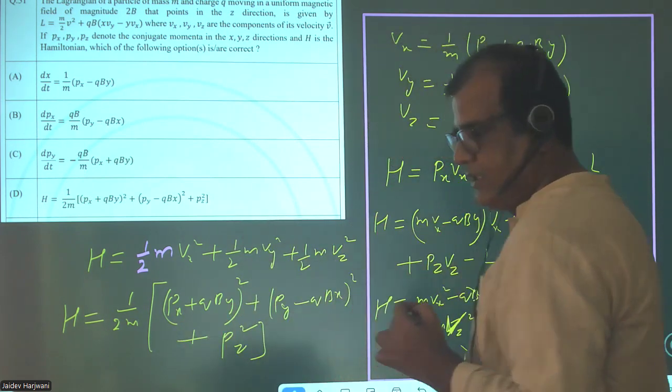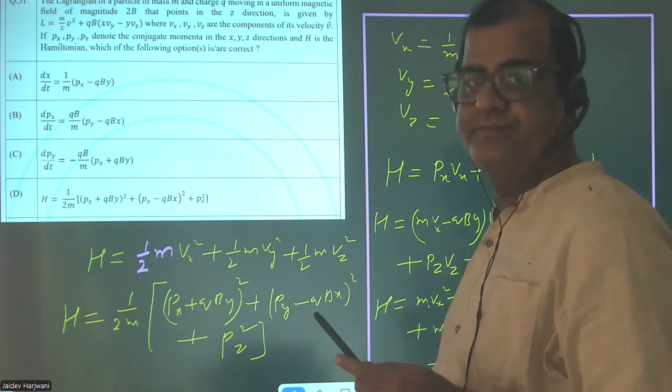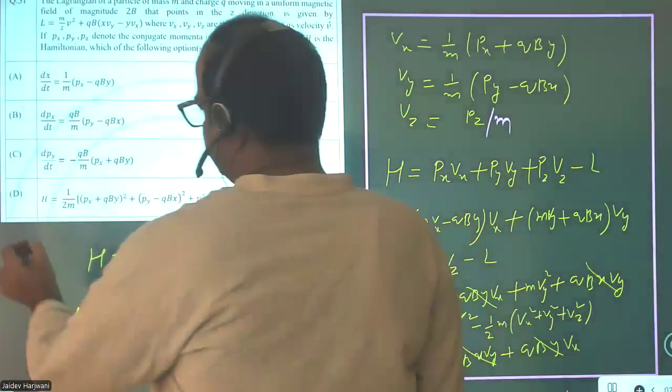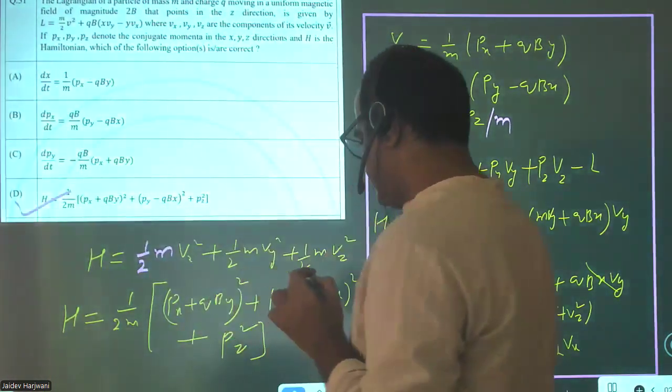So this is my Hamiltonian expression, and this is given as option D. So option D is correct. Option D is the correct answer for this question.